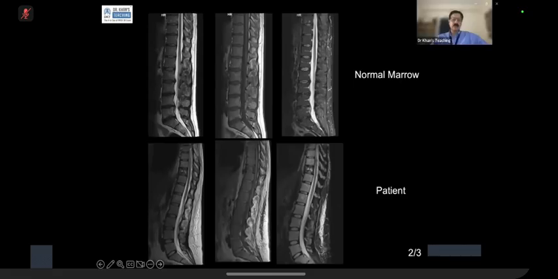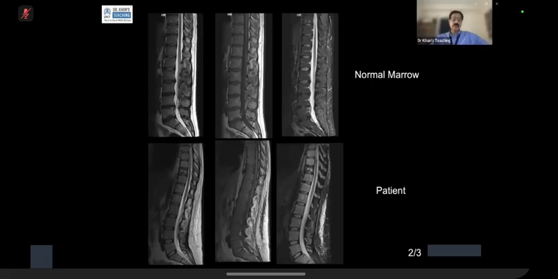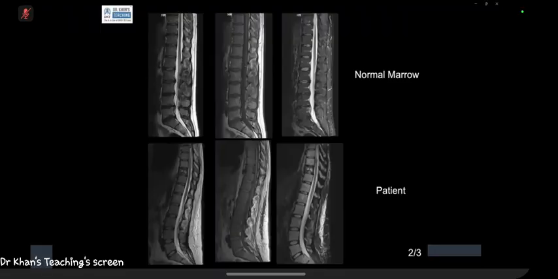If the vertebral signal intensity is lower than the adjacent intervertebral disc, it means a problem. Similarly, in any other MSK setting, septic arthritis, bone infiltrate, tumor, you compare it with adjacent muscle. So it should not be lower than the muscle.